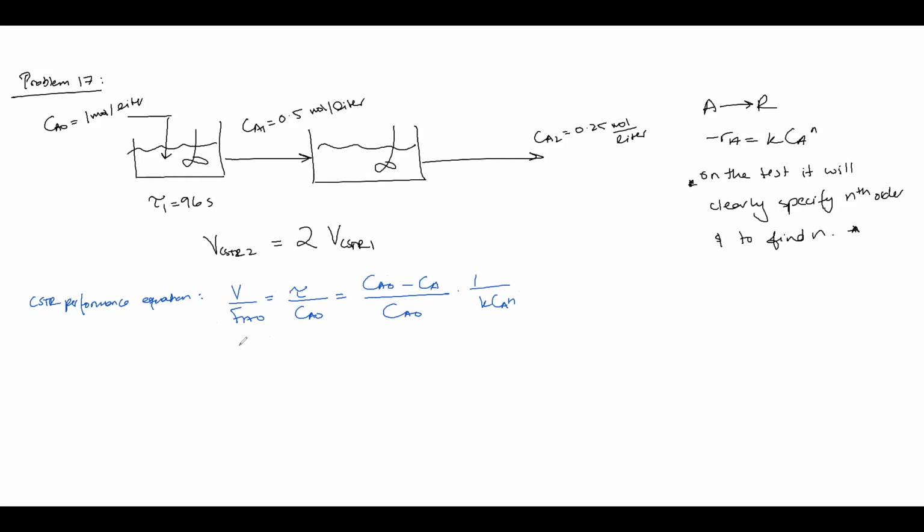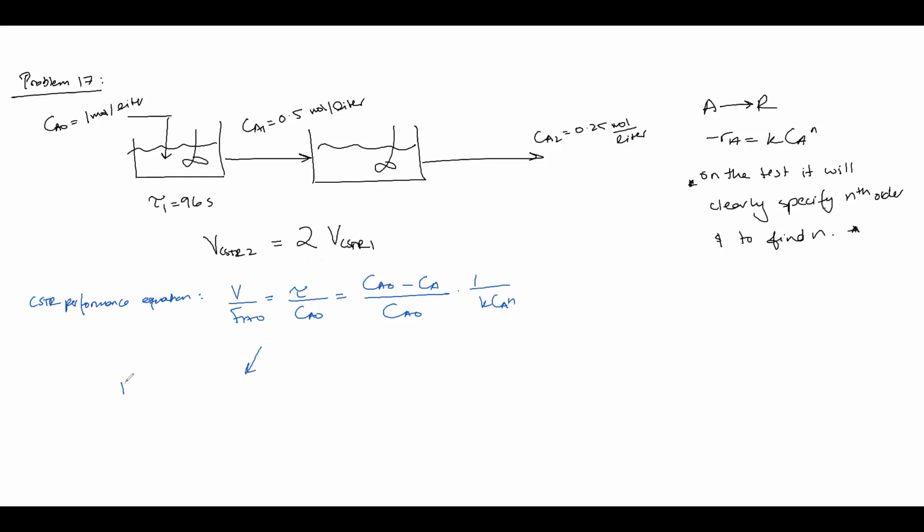And for the first CSTR, what I'm going to do is evaluate the tau over K and relate them to this volume. And again, whenever you have two reactors in series and you have a relationship between the volumes, I'm looking for the tau K type of expression.